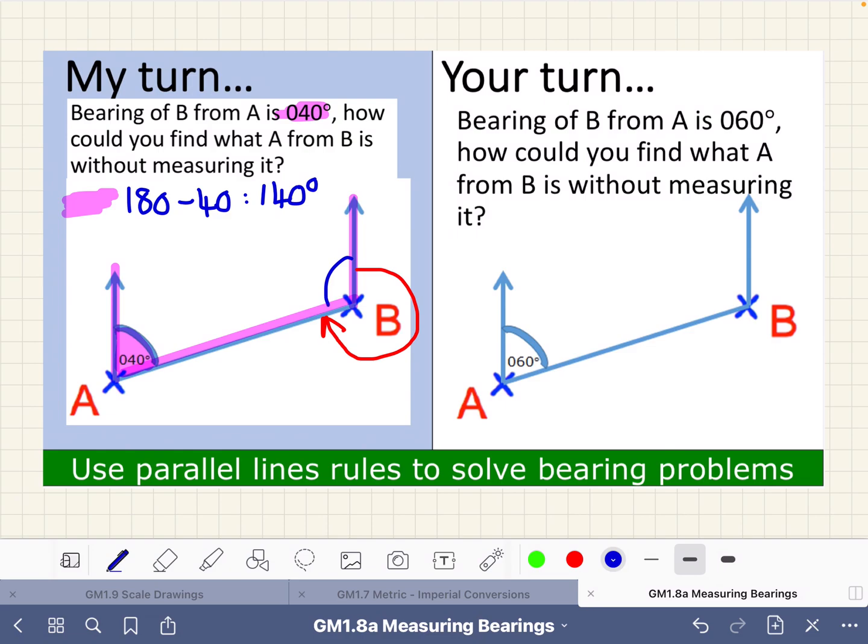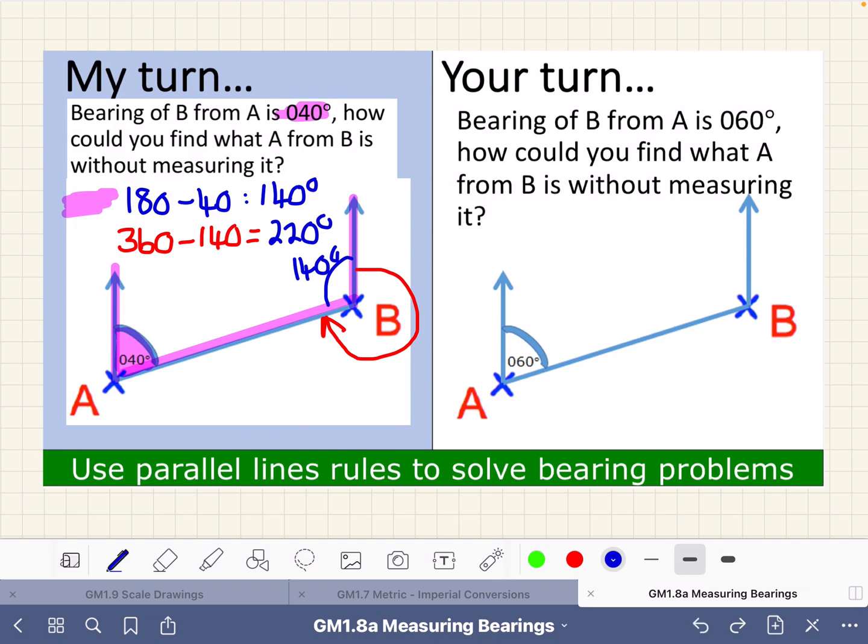It should be 360 degrees in total if you go from the north line all the way round back to the north line. So if we know that this angle here is 140 degrees, we can calculate angle B by saying 360 degrees, take away the 140 degrees, gives us a measurement of 220 degrees for the angle of A from B.